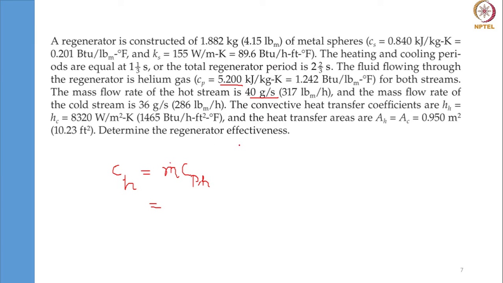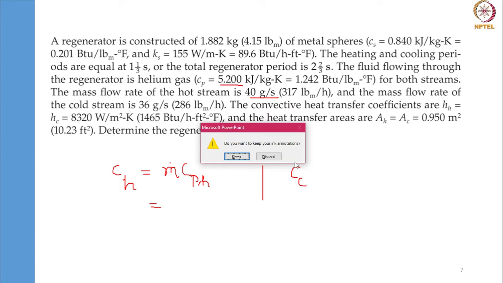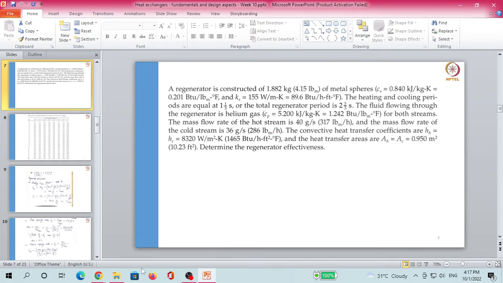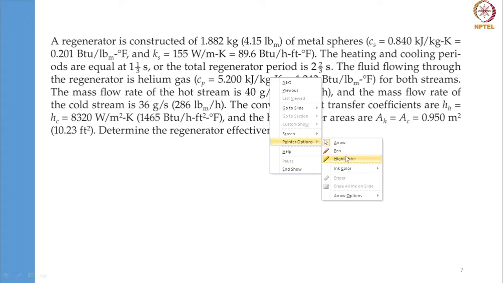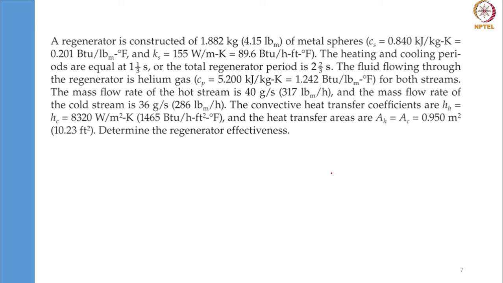Can you similarly find out Cc? It is coming around 187.2 watt per Kelvin. Obviously Cc, that is the cold fluid, is the minimum heat capacity fluid. So we are going to find the heat capacity ratio Cr, that is defined as C min by C max.